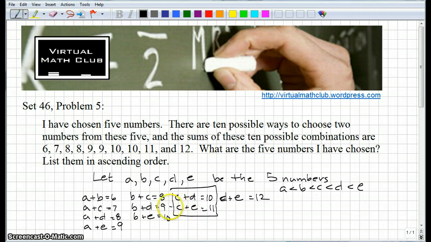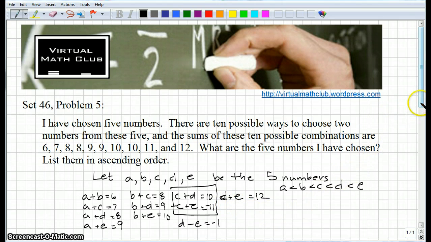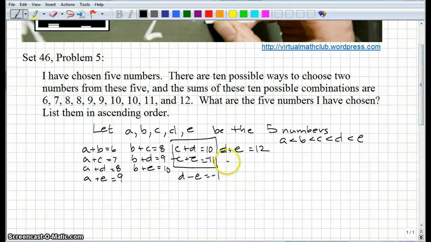So this would be a negative C, and this would be a negative E, and this would be a negative 11. So when I take C minus C, that's 0. So I end up with D minus E is equal to negative 1. And I already have here, let me scroll down, D plus E is 12.